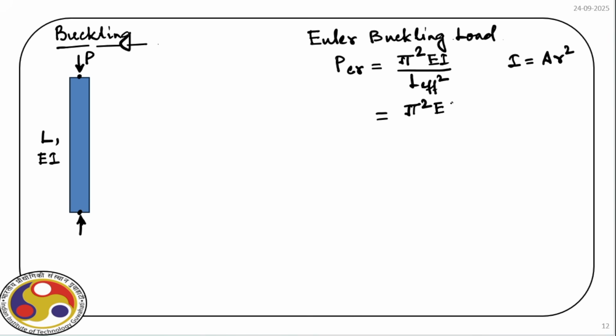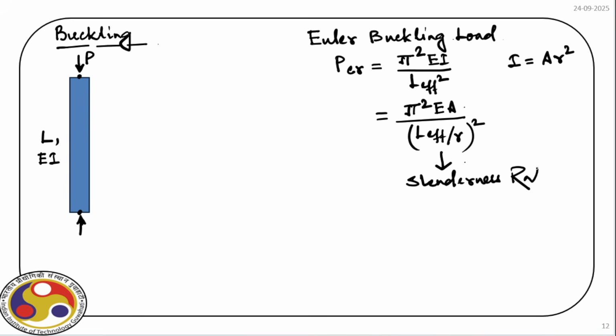So we have pi square EA divided by L effective divided by R whole square, and this expression L effective by R is called slenderness ratio, and in fact depending upon the slenderness ratio we can define short column or strut, and then we have long columns, and there is an intermediate column also.